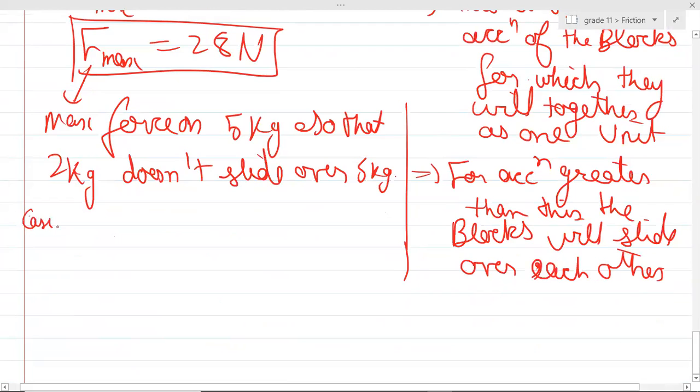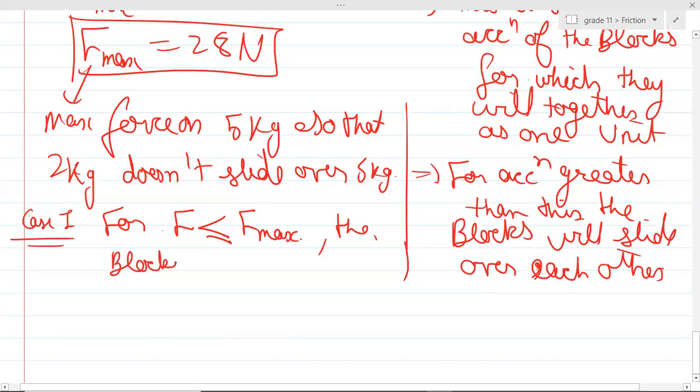And case 1: for external force less than F max, the blocks stick together and move.